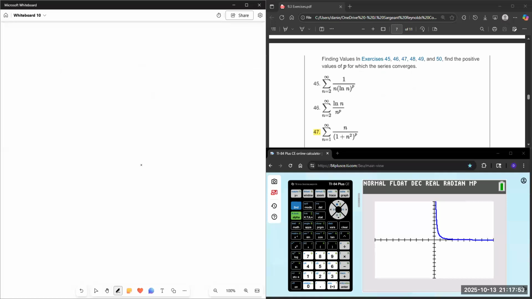Now we want to find the particular p-values for which this one converges. So the sum from n equals 1 to infinity of n over 1 plus n squared to the p.